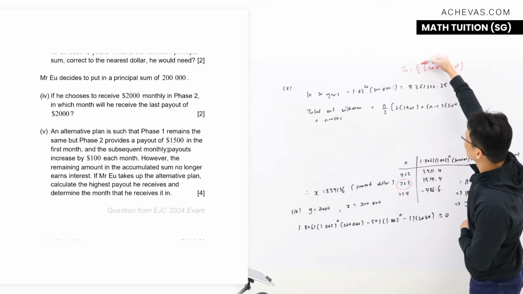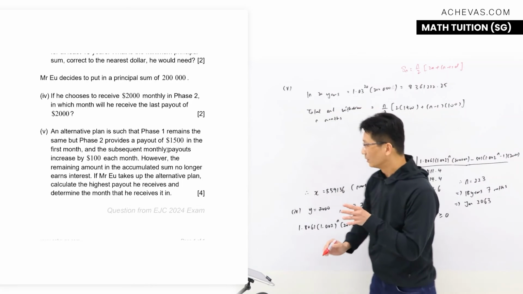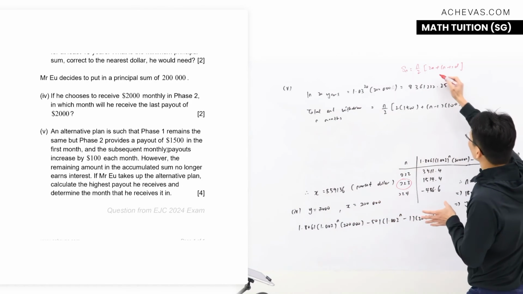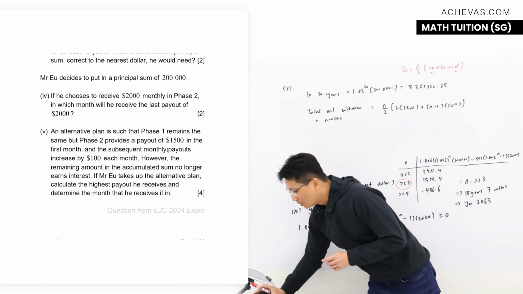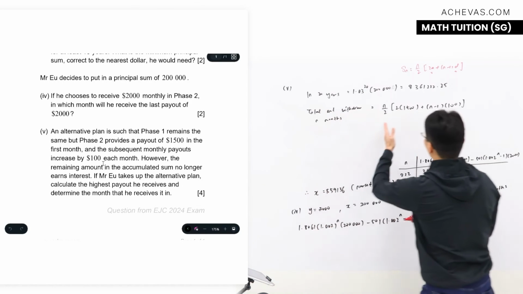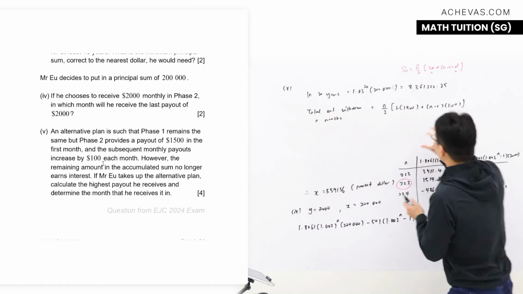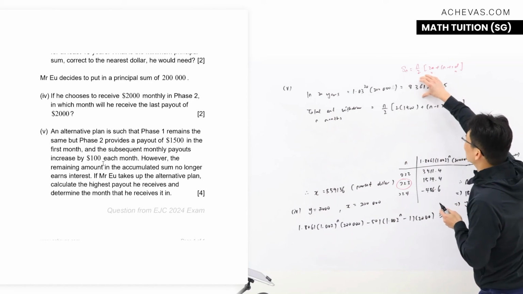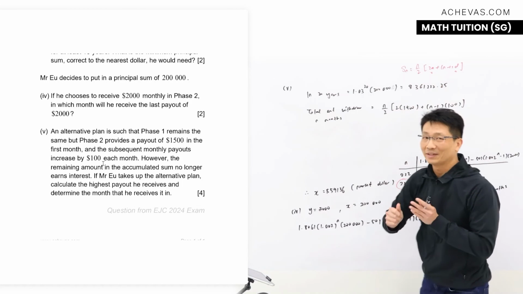In this case, n is an unknown. The first month that he withdraws is $1,500, stated in the question. And this d is the common difference, which is increasing by 100 per month. So therefore, I will have this result. Using this result, compared with the amount in the pool, I want to see how many months I can have before this is completely depleted.